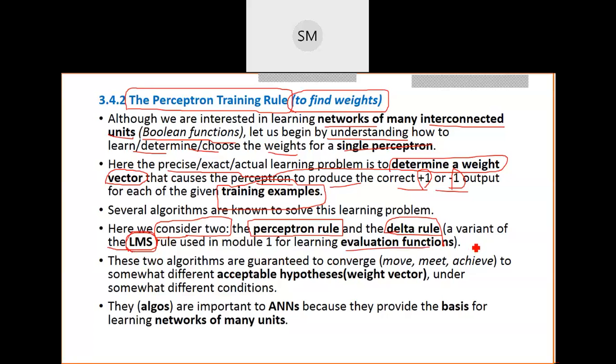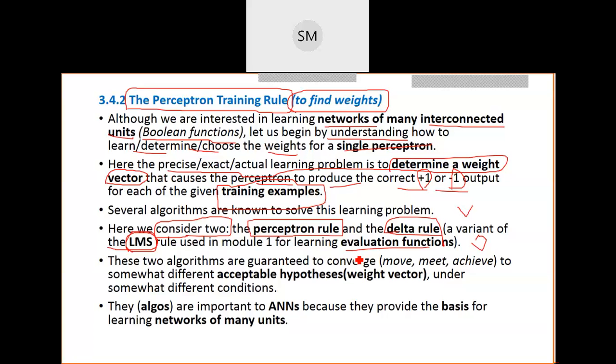The evaluation function was represented as V, then it was refined as an approximate function, V cap. During that topic I explained LMS, so the perceptron rule and delta rule are just other versions of this LMS rule.